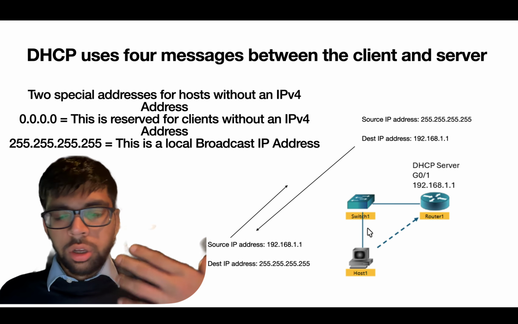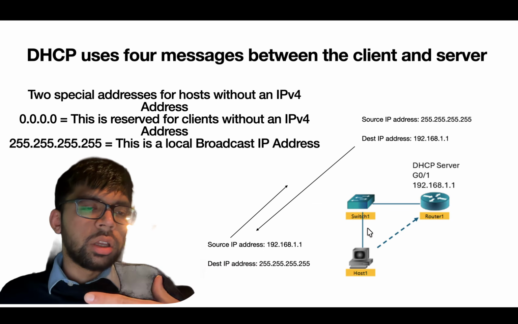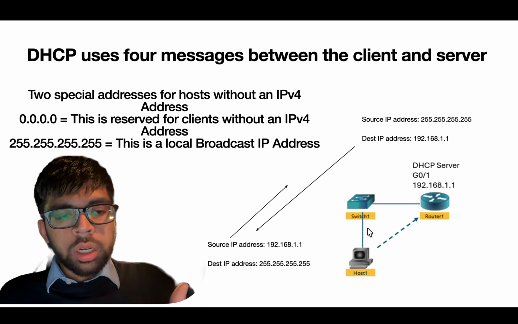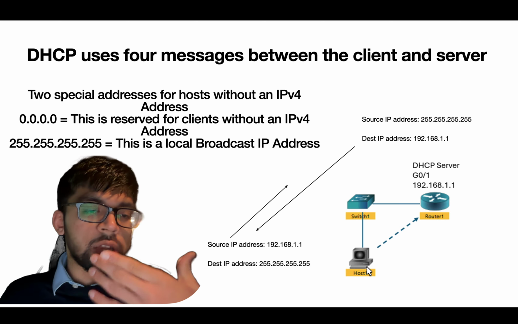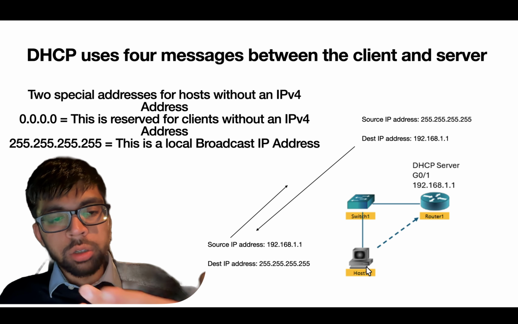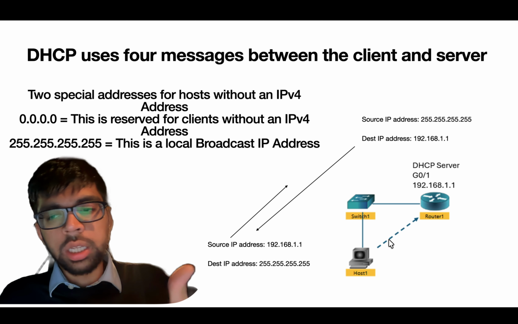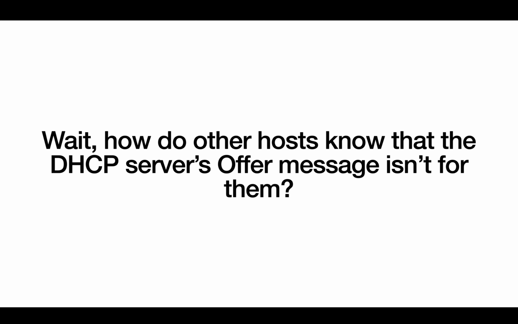The host is trying to find a DHCP server, it is discovering, and then when a DHCP server finds out that there's a host 1 here that doesn't have an IP address, it'll offer one. If host 1 is happy, it will request it, and then the process is completed with acknowledge. That's DORA.